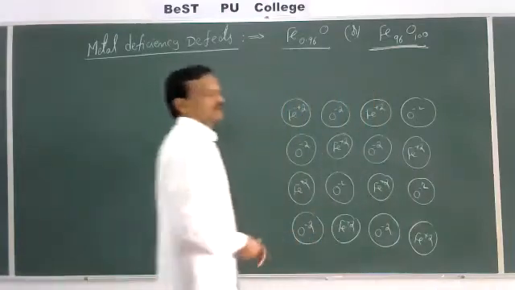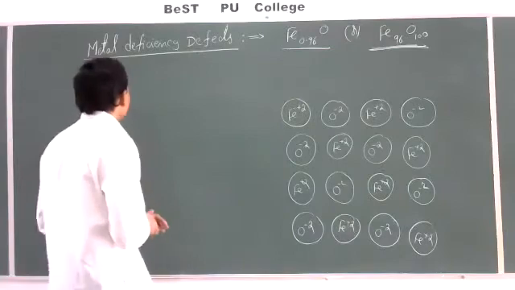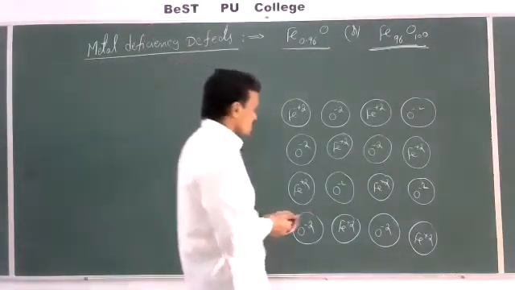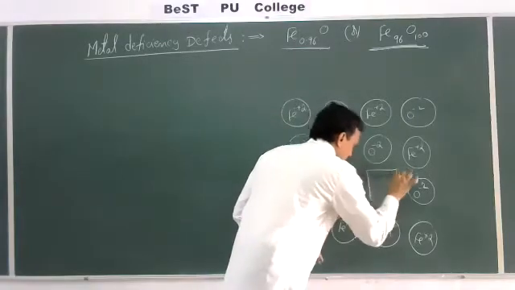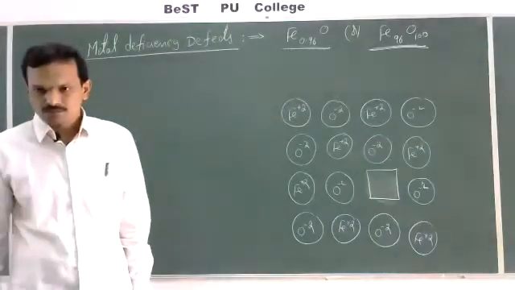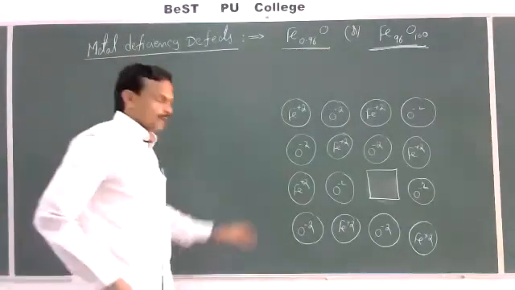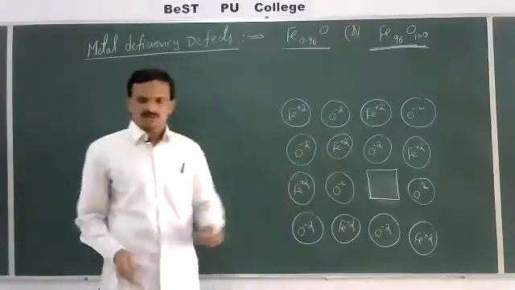This is the lattice of iron oxide. Now, to show a metal deficiency defect, some of the metal ions go missing from the lattice. Here I have eliminated one Fe plus 2. Now metal ions are fewer than non-metal ions, so it is a metal deficiency defect.